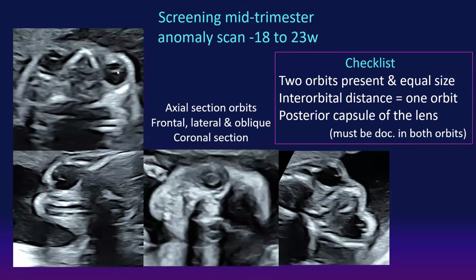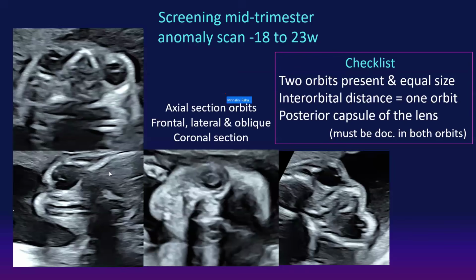You can take it with the face pointing up, meaning the footprint of the probe is here, and the face is pointing towards the probe. So you get an axial section through the 2 orbits with the entire orbit seen on either side of the nose and also the lens seen well. This, I feel, is the best way to document the orbits, where the face is directly pointing up, axial section, both orbits seen symmetrically.